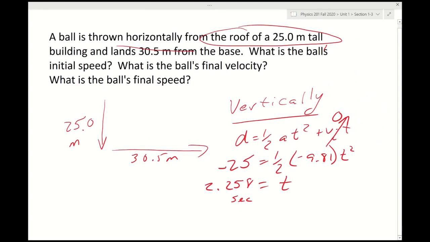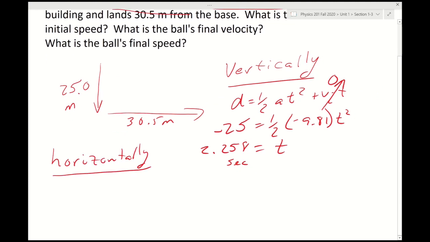Horizontally, it covers a distance of 30.5 meters in that time. And it's going to be a constant speed horizontally because gravity only operates vertically.